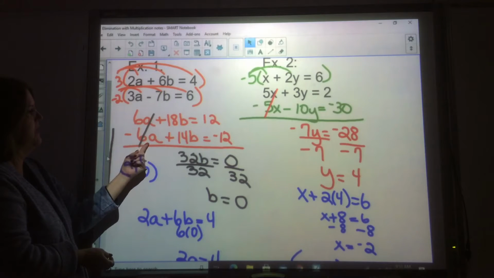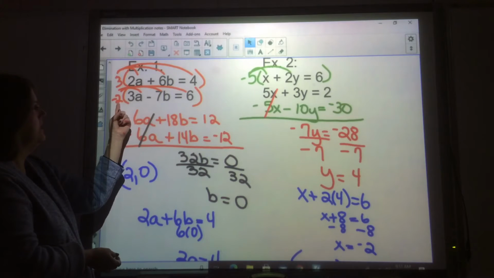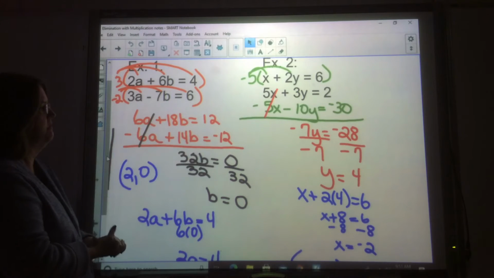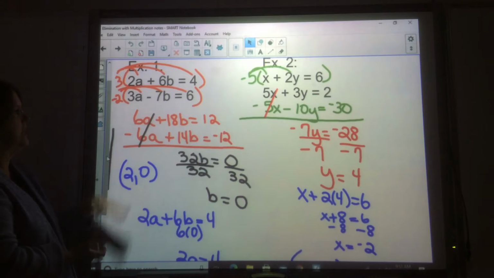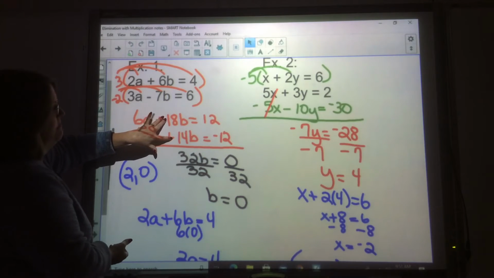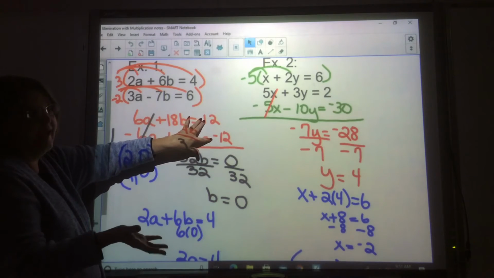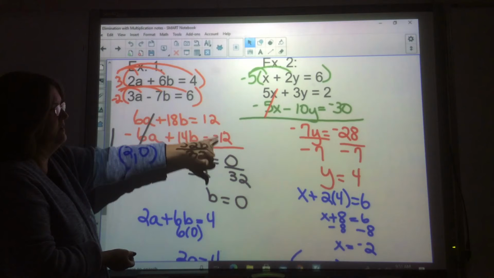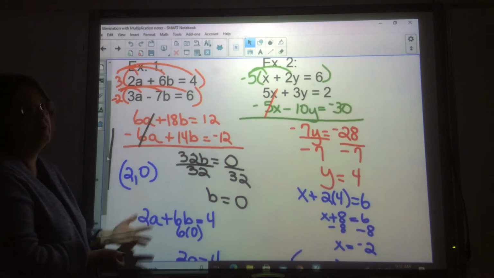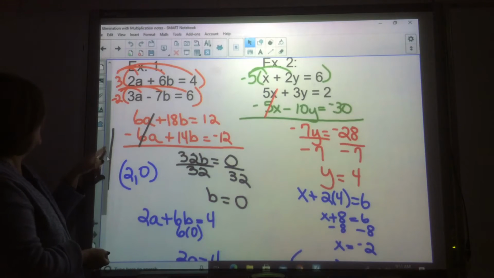Negative 2 times 3a, negative 2 times negative 7 is positive 14, negative 2 times 6 is negative 12. Now, what ends up happening here is my 6a's eliminate each other, and 18b plus 14b is 32b. Now, this actually ended up being pretty easy because 12 and negative 12 are 0, and 0 divided by anything is 0. So you made your life easy on that one.